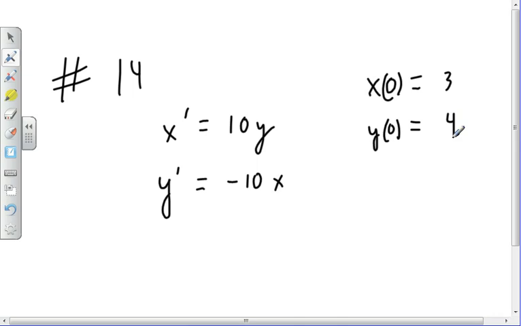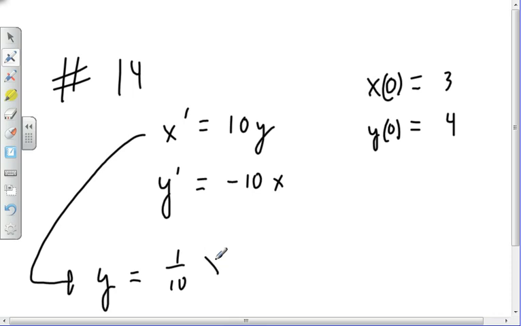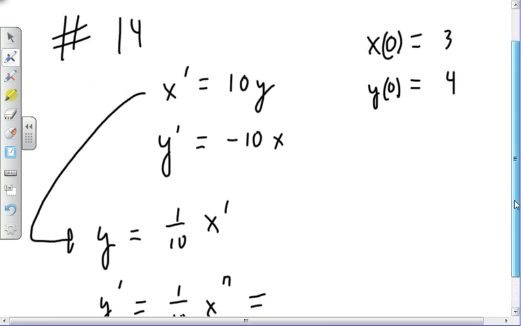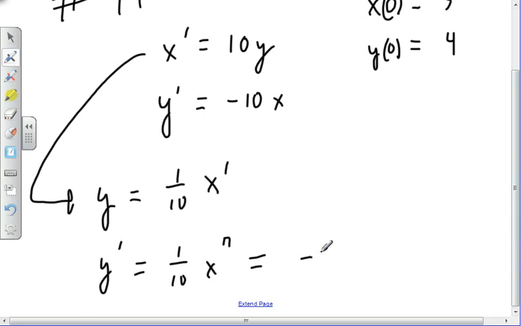Okay, so we go and say, well, from this equation I know that y is equal to 1 over 10 x prime. And I know that y prime is going to be 1 over 10 x double prime, which I also know is equal to minus 10x.